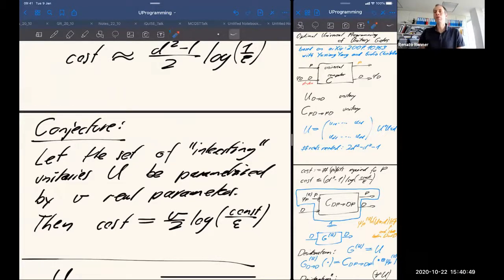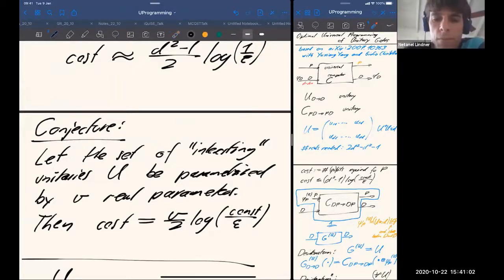I wouldn't know how to phrase the conjecture, but that would be maybe another open question: how could we extend the result to non-continuously parameterized sets of unitaries? And I think that would be quite relevant for practice. Yes, that's what I thought, that for practical purposes you need some sort of discrete set. Yes, exactly.